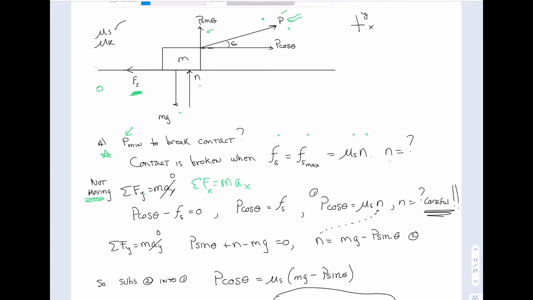I look at my picture. P cosine theta points to the right, static friction points back, and that's equal to 0. It's not accelerating. You're trying to break contact.